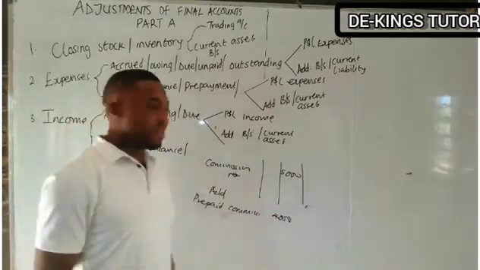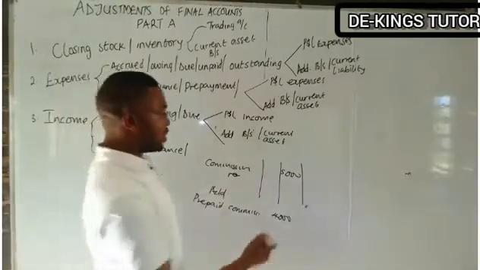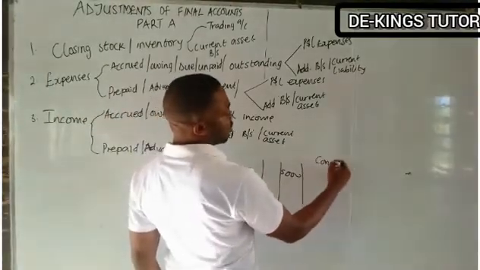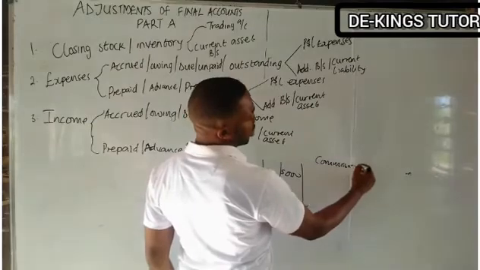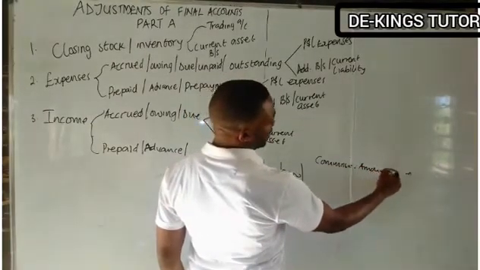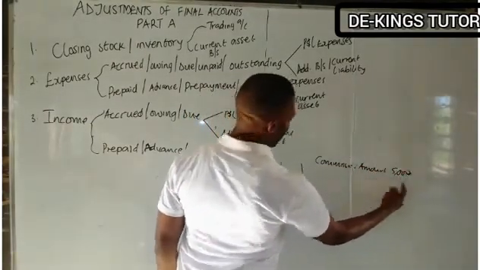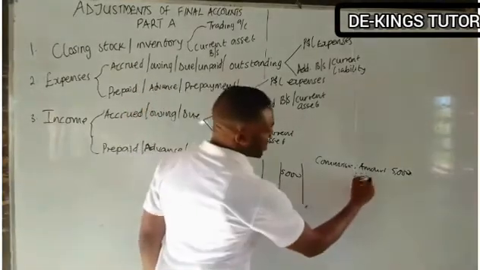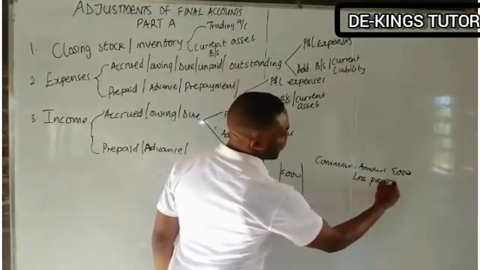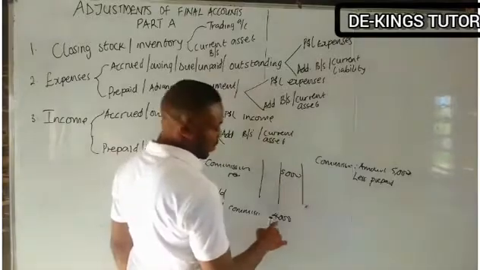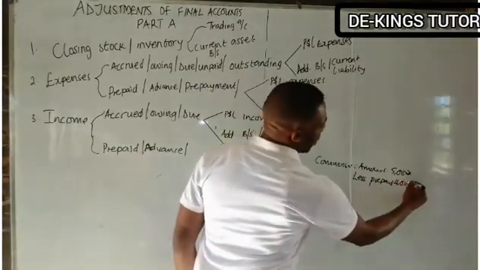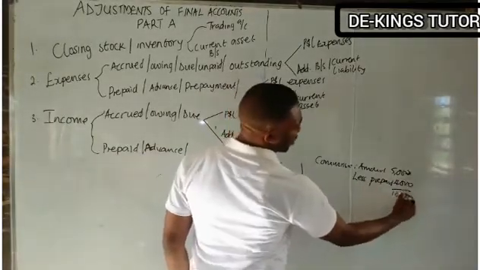What does it mean? Now, how do we treat this? In our adjustment, the commission amount that was received is 5,000. So what do we do? We now say less prepaid. What is prepaid? 4,000. Okay, 5,000 minus 4,000 will give us 1,000.